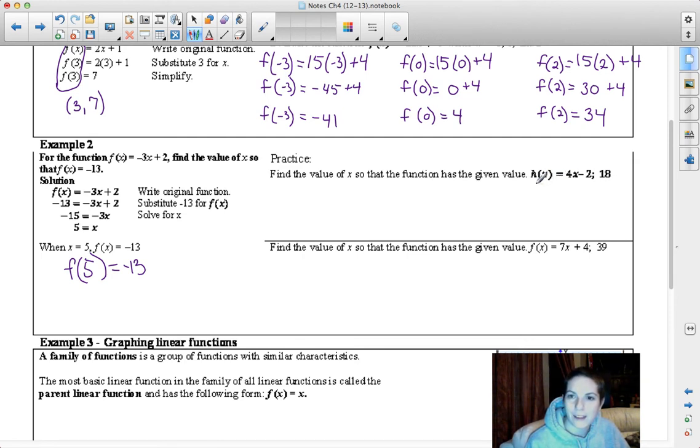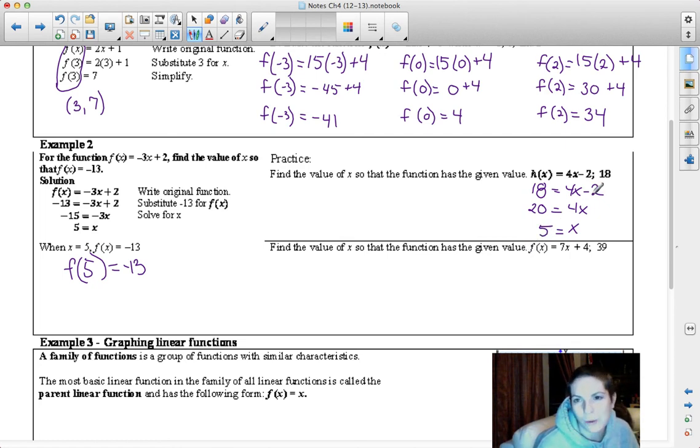Remember, we're taking h of x out and putting 18 in. And now I have a two-step equation to solve. Add 2 to both sides. 18 plus 2 is 20. And 4x minus 2 plus 2, well, that's just 4x. Divide both sides by 4. So I get 1x is equal to 5.